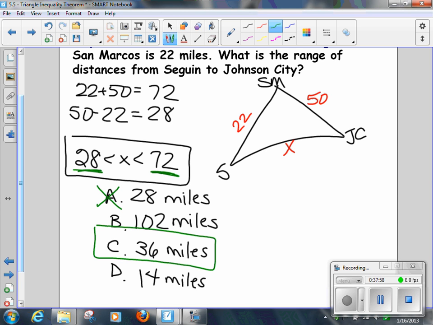Bad. 102 is way off. It doesn't even fall within the range of numbers. And 14, come on now. 14 is not between. How much money would you want, 14 or something in between 28 and 72? Well, me too, but if it's not an option, it's got to fall between those two numbers, okay? Questions?